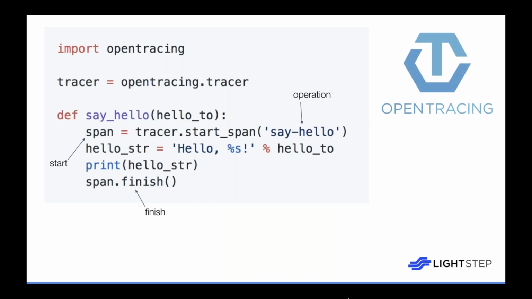So like I said, OpenTracing is the way that I'm showing in this example. OpenTracing is a vendor neutral API for adding this kind of instrumentation. So if you're thinking about tracing, I highly recommend that you go check out the OpenTracing site. There's a lot of examples and some tutorials. And in addition to that, I really think that OpenTracing is the best way to approach tracing within your application.